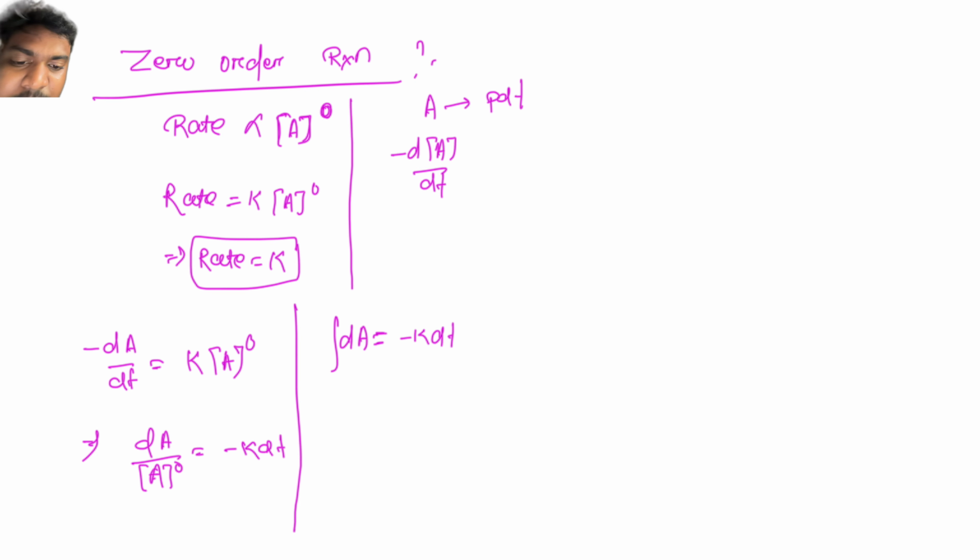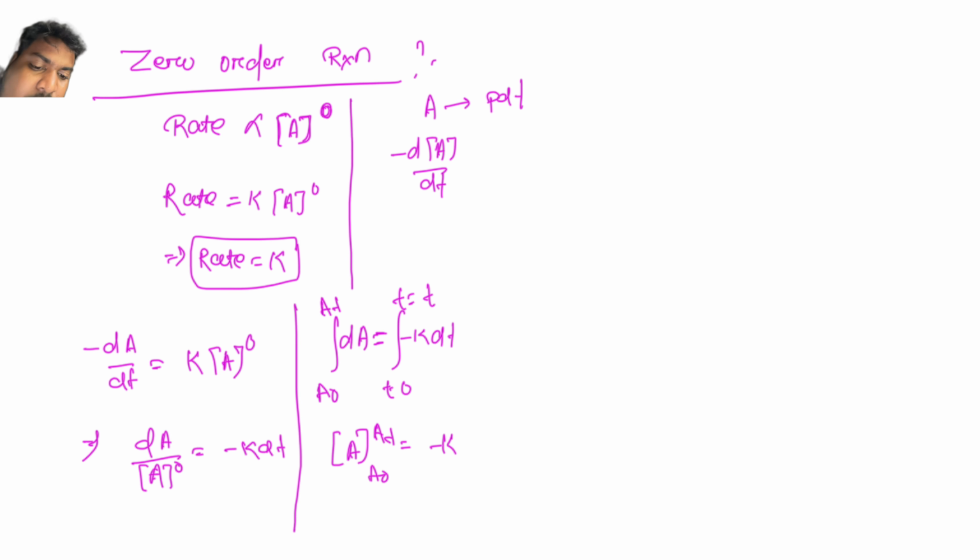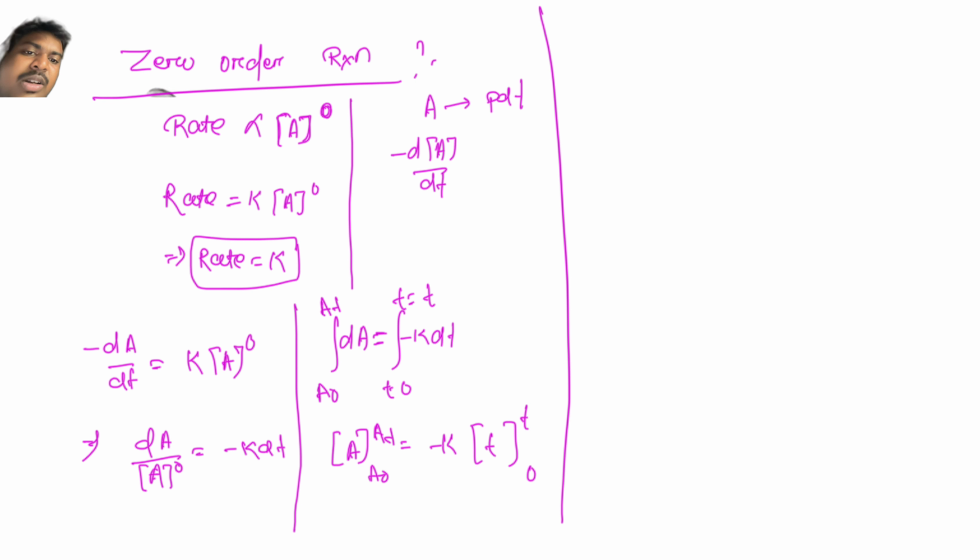Now I take the integration on both sides, and I put the limits: at time equal to 0, the concentration is A naught; at time equal to t, the concentration is At. So the integration of d[A] is [A], and minus k, being a constant, comes outside, with the integration of dt from time 0 to t. By solving this we get At minus A naught equals minus kt, which implies that A naught minus At equals kt.